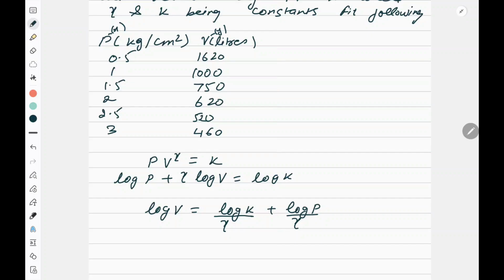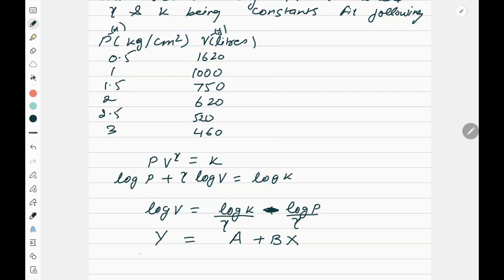Correct? Now I want to compare this with my linear equation. Look here, log V is equal to, this should be minus, right? This has to be minus. Correct? Now I have this. What I'll do, I'll substitute y is equal to a plus bx.